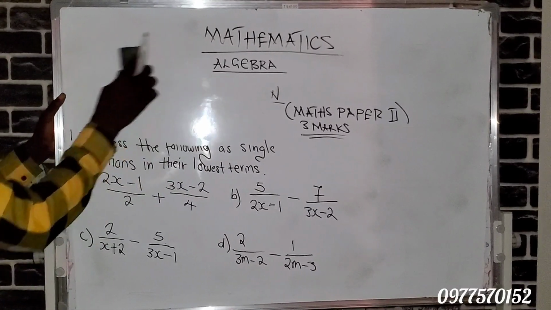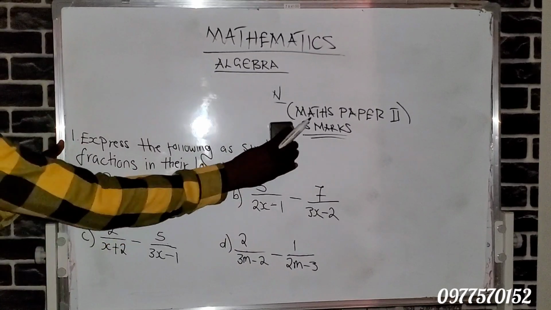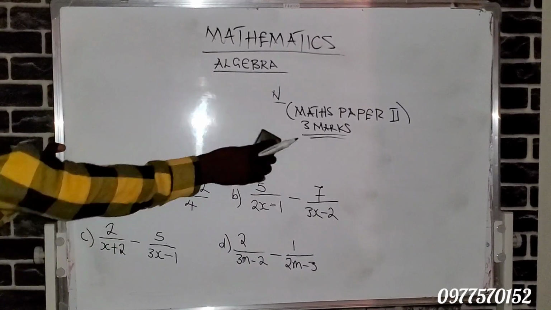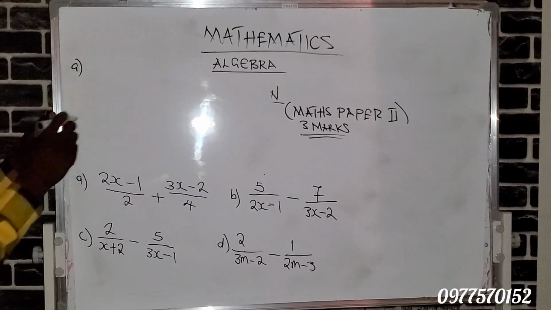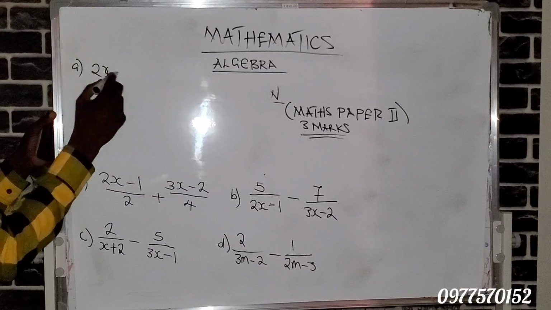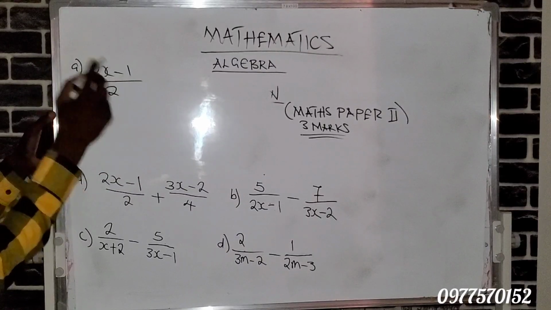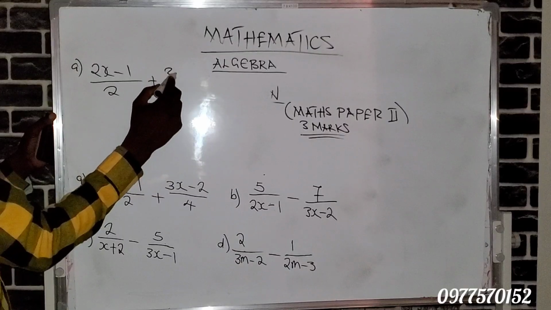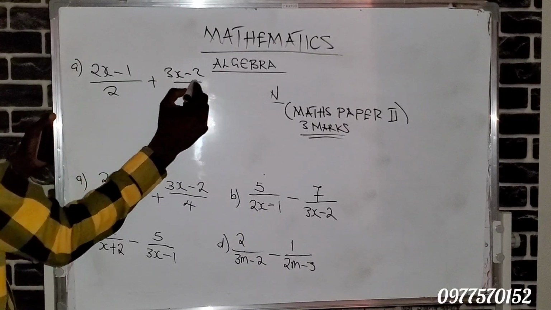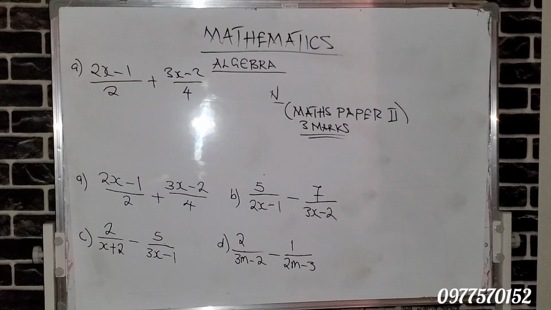So we know that we are asked to express in the lowest terms. The first one here is 2x minus 1 over 2, plus 3x minus 2 over 4.